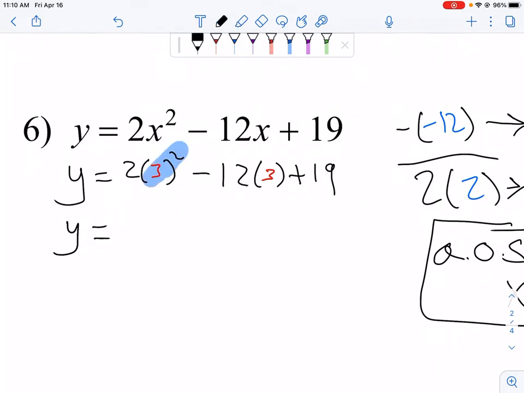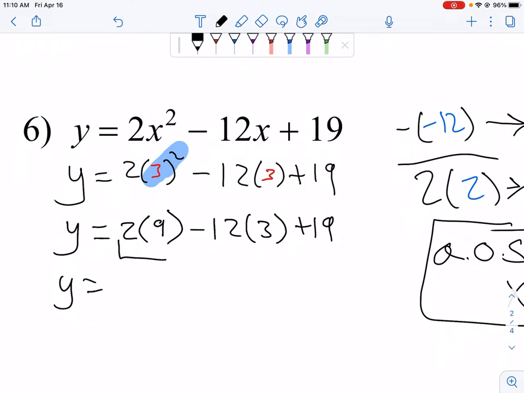So I'm still going to have 2, and it's still multiplying, but now 3 to the second power means 3 times 3, so it's going to be 2 times 9 there. Minus 12 times 3. I could have worked that out, but I'll just do all my multiplication in this next step. So y equals 2 times 9 makes 18. Negative 12 times 3 will give us negative 36, and then plus 19.